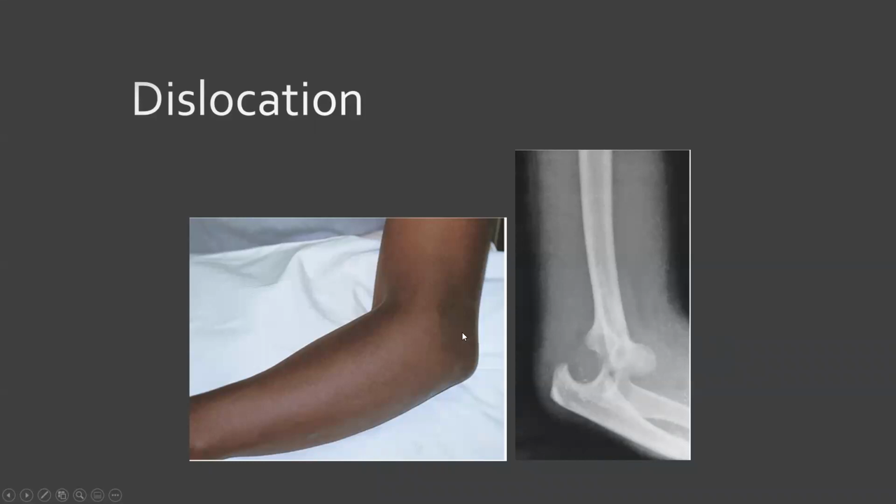Dislocation here. You notice how it doesn't really look that bad. I mean, relatively speaking. If you were to just look at this arm, would you really even suspect anything's wrong? Not particularly. Yeah, if you're trained, obviously you're going to scrutinize everything. But if you look at the x-ray, that looks relatively normal.